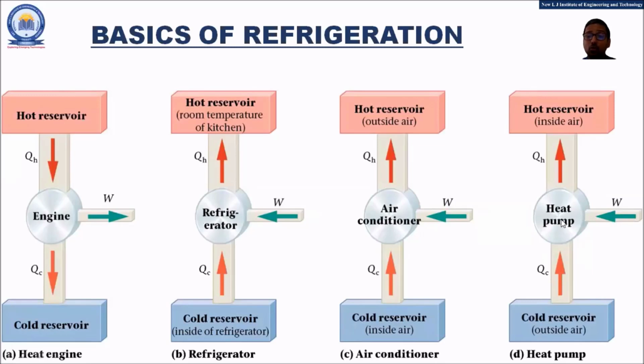Whenever we need to cool the system, we use the air conditioner. And whenever we need to heat the room, providing hot conditions in the room, then we use the heat pump. So friends, these are some of the basic concepts related to the heat engine, the refrigerator, air conditioner, as well as the heat pump.